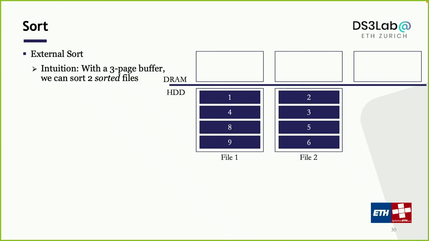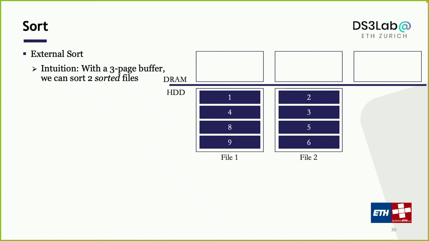If I have two sorted files, file 1 and file 2, already sorted within themselves, I do not need that many pages to merge them. Essentially, all I need is a 3-page buffer to merge two sorted files.